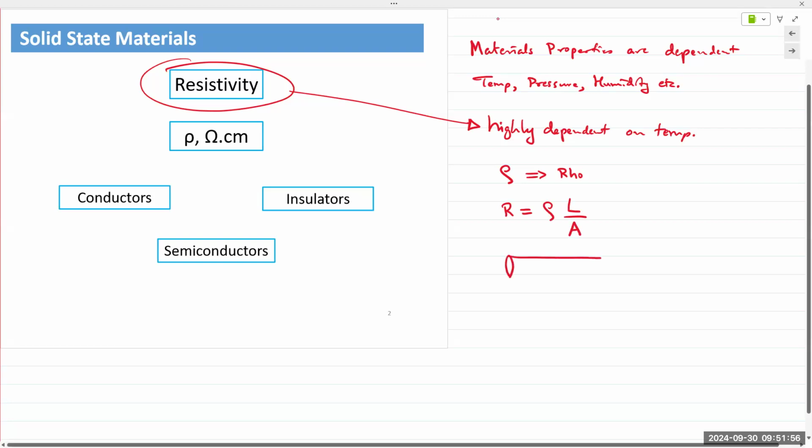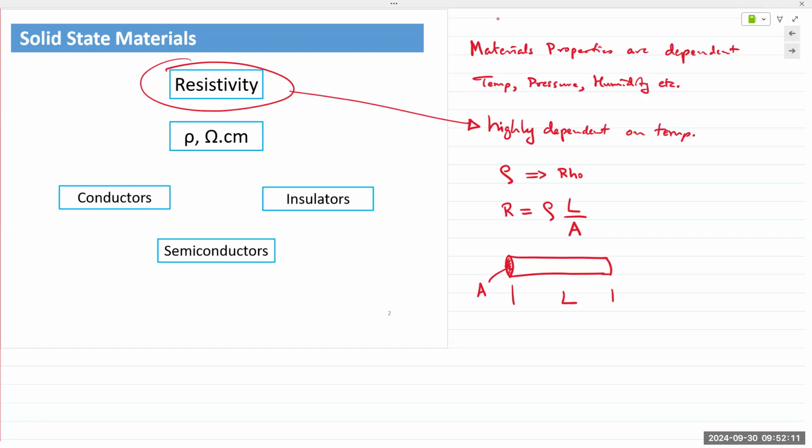If you have a piece of wire or a piece of material, the cross section and the length can be calculated or can be designed to create a specific resistance. Okay, rho L over A.